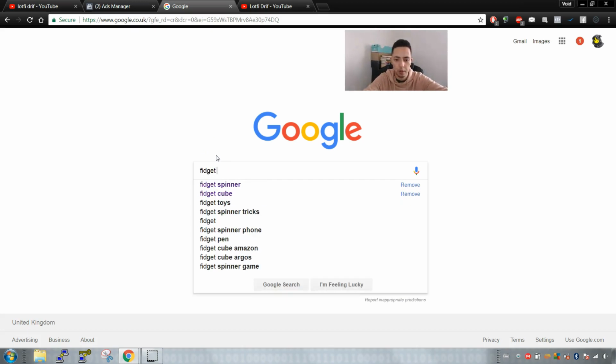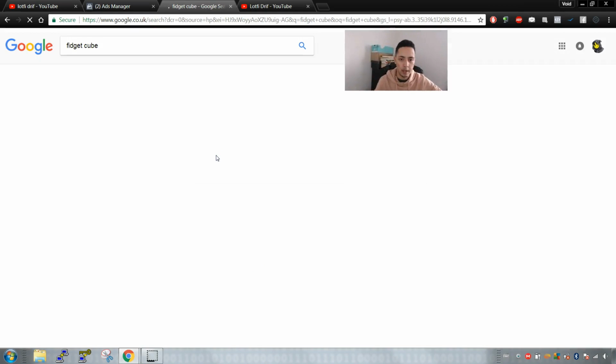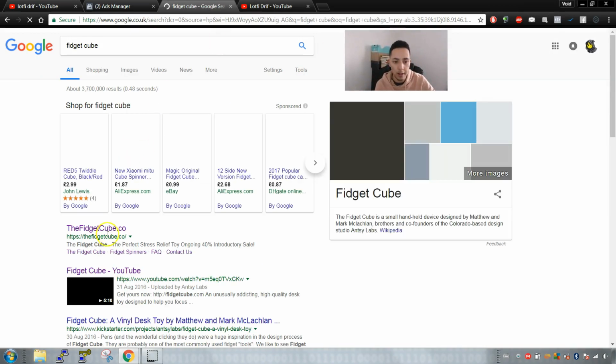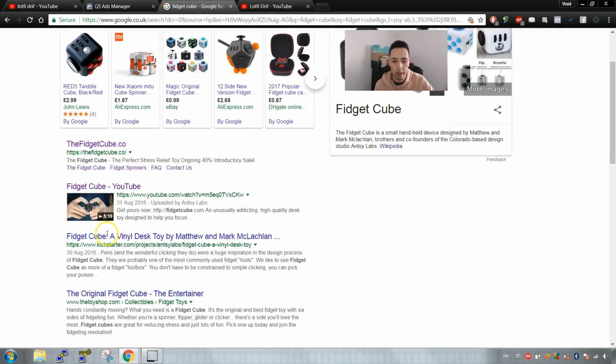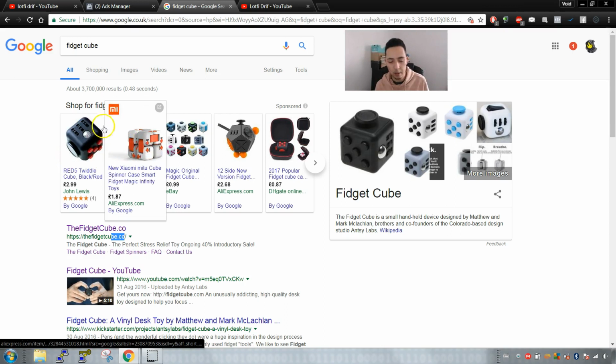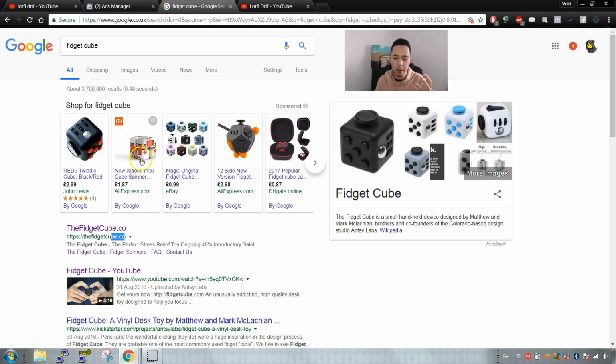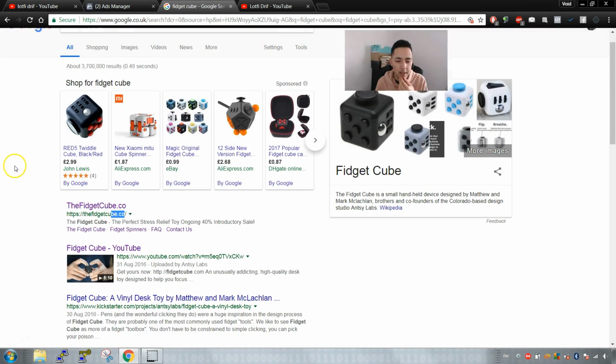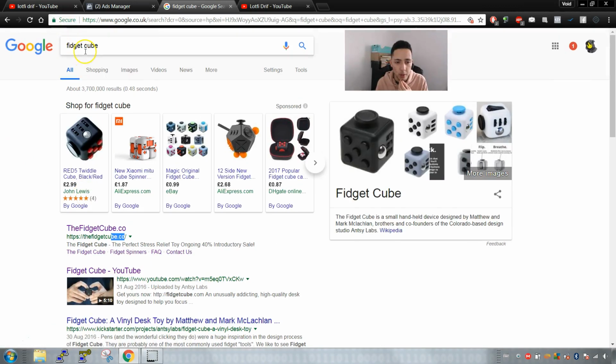So let me show you an example of someone who's making a ton of sales simply by ranking. Fidget cubes. You can see there are a few people ranked number one for their particular things. This guy, fidgetcube.co, is ranking right there, above the ads. Unless you want to run ads, which is even better, you'll want to run display ads. People searching most likely want to buy the fidget cube.